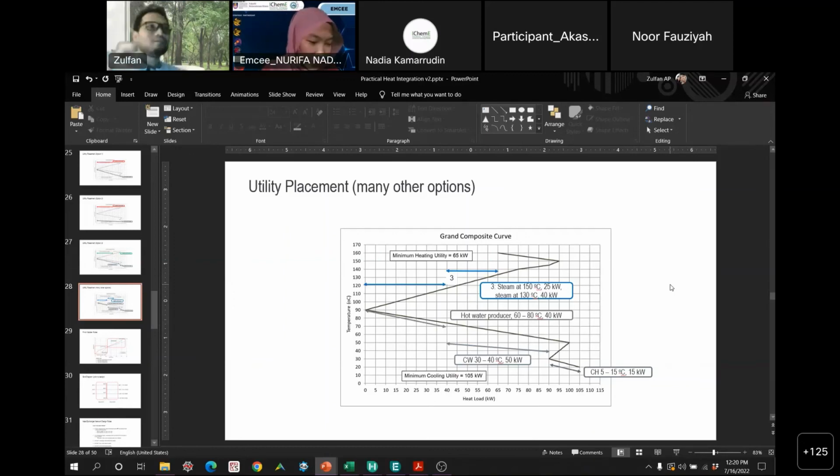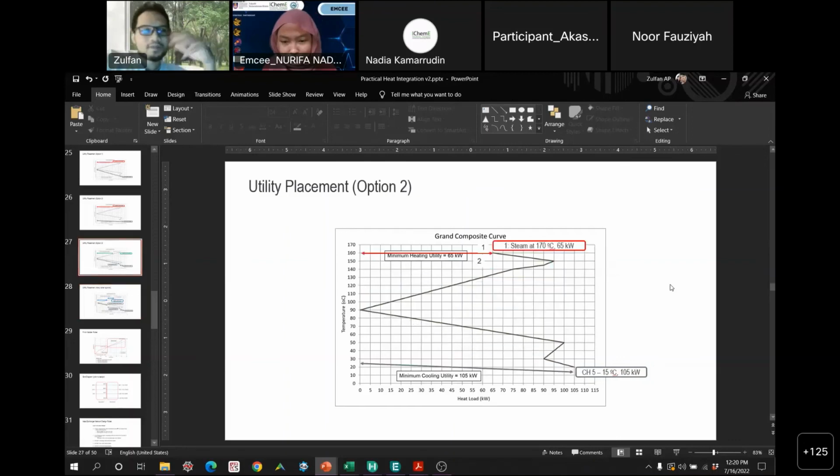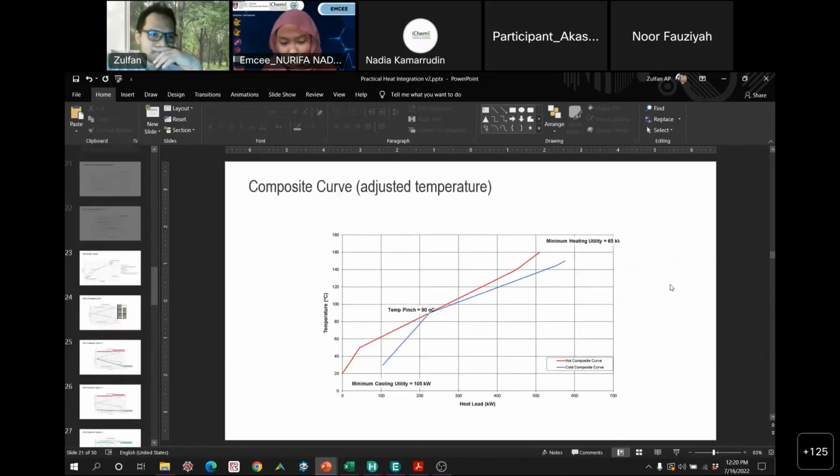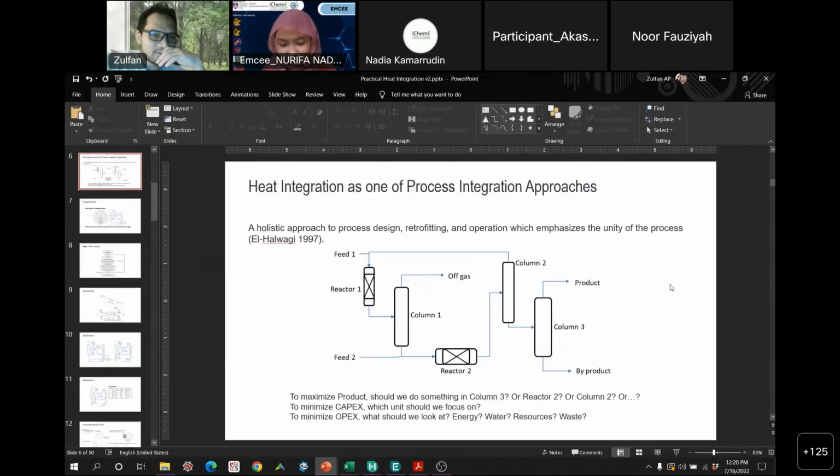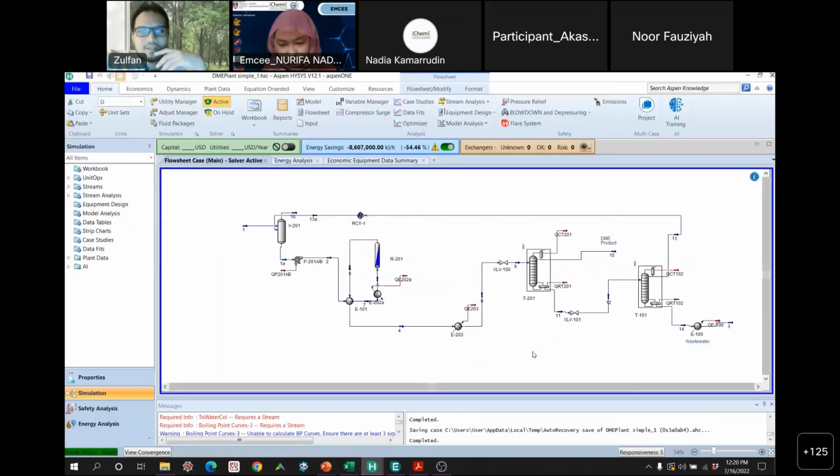Okay, so for the most constraining process integration issue, go back to the first slide so that you can see. Before I put this in, all of these streams are living happily.